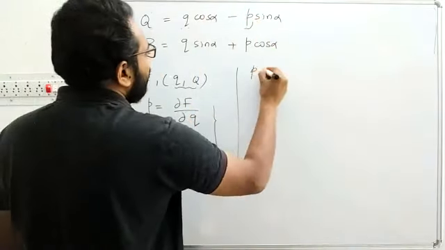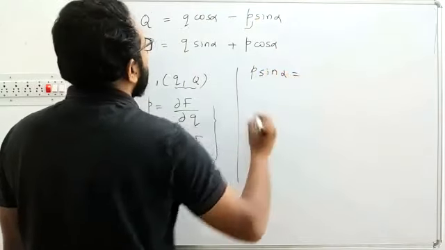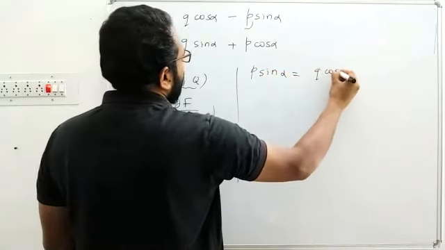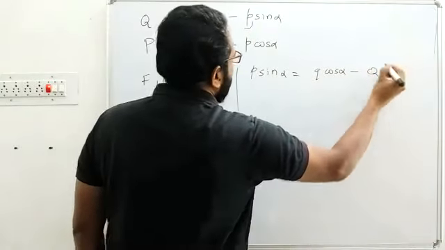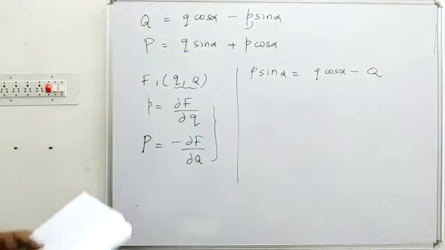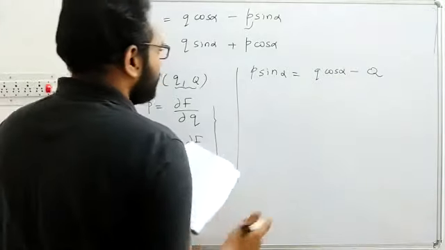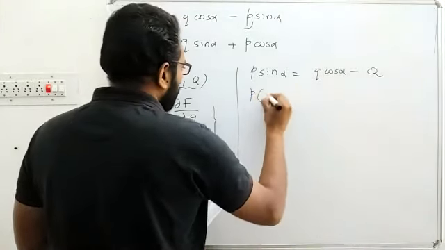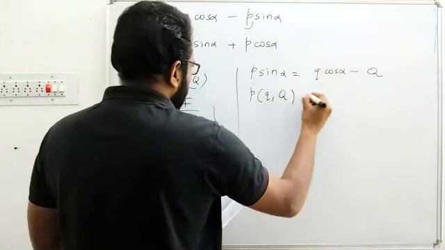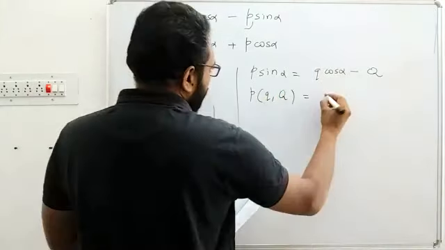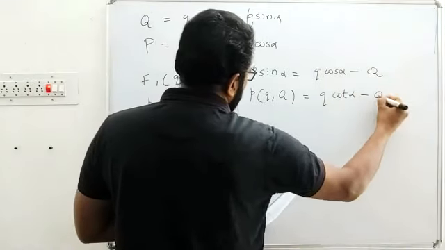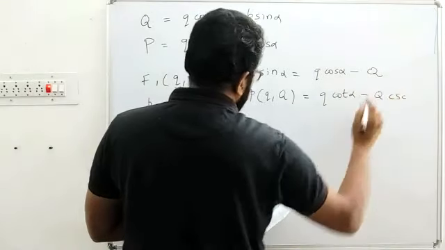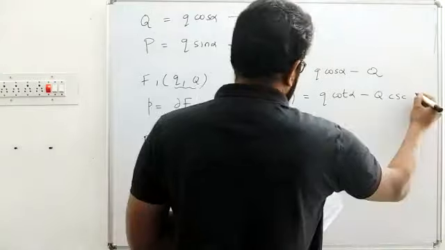So you see that p sine alpha is equal to q cos alpha minus capital Q. Is that correct? Yes. Or p of q comma capital Q is equal to q cot alpha minus Q cosecant alpha.